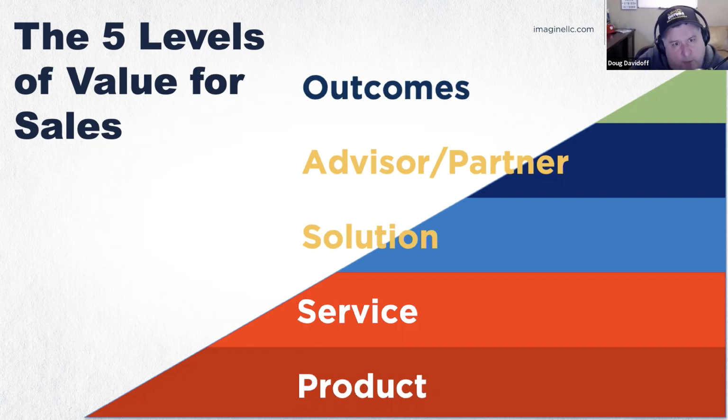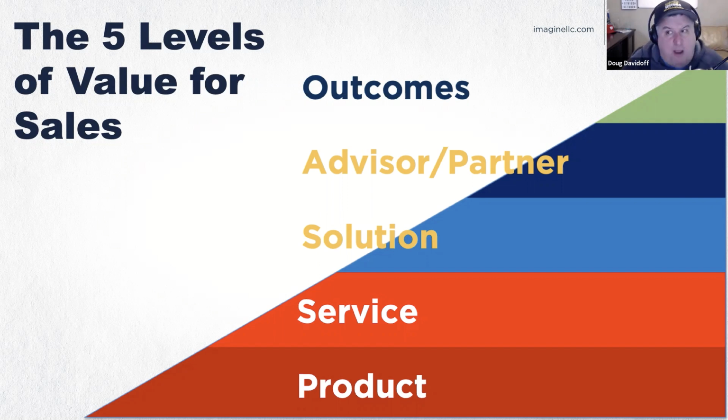Coming in at the advisor or partner level, that's where you're viewed as a resource. You're viewed as someone who can curate. You're viewed as someone who can help make sense of things. Right? That's where you begin to get into a what's it worth conversation. That's where you begin to get into a differentiated position. When I view you as an advisor and partner, and to be an advisor or partner, you have to be perceived as communicating objective value to your target accounts, to your target prospects.